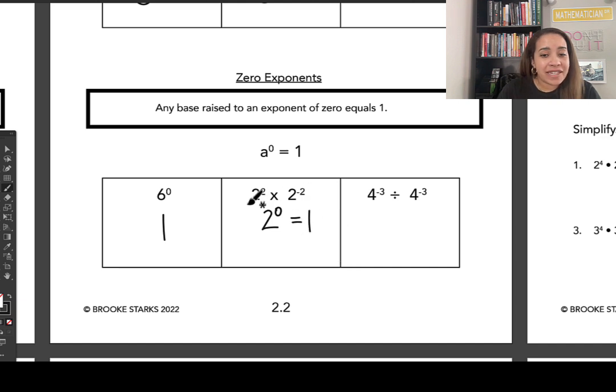So this problem was extra challenging because we needed to apply 2 rules that we know. We had to know how to multiply exponents, and we also had to know what to do when we see a power of 0. So our final answer is still 1.